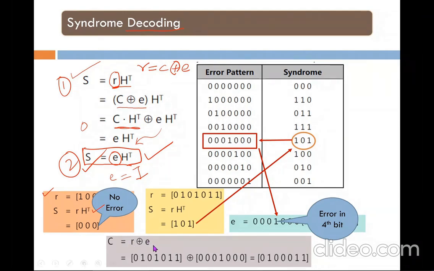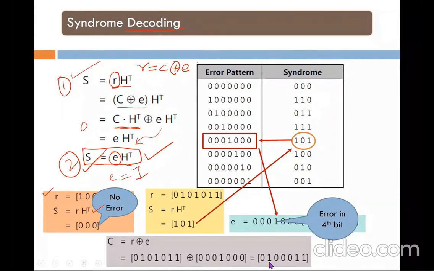So we now found out from the syndrome that the error pattern is E equal to 000100 and the corrected code word is equal to R XOR E. If we XOR the received code word with the corresponding error pattern which we have found, then the bit which is in error will be flipped and we get the corrected code word. So the received code word is 010111 XORed with this error pattern 000100.